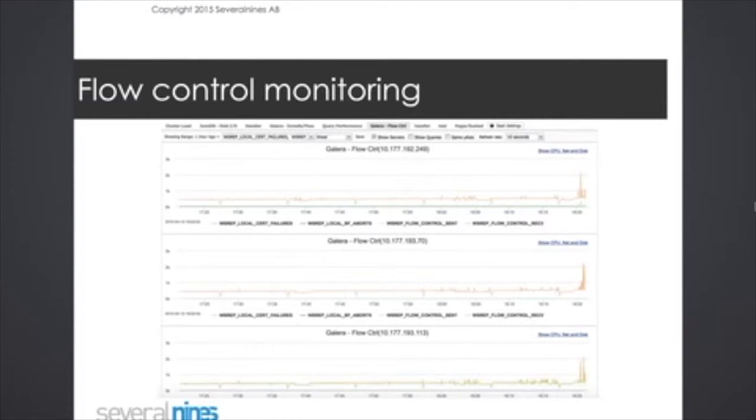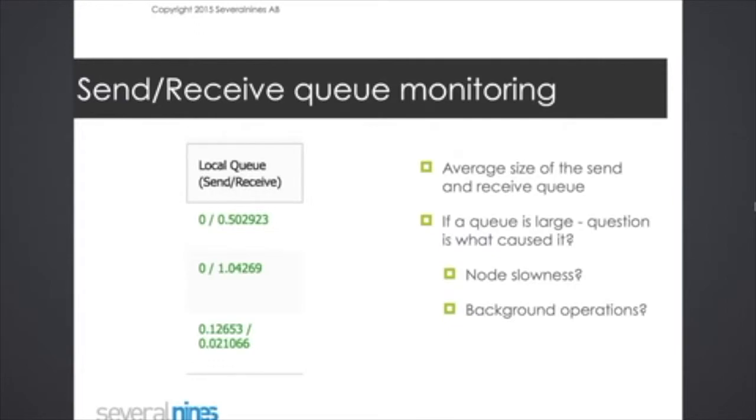So it suggests to us that this node is sending most of the flow control messages from the whole cluster, and therefore it's suspected. For some reason it may be slower than the others. So this is something that points us to further investigation regarding this particular node.